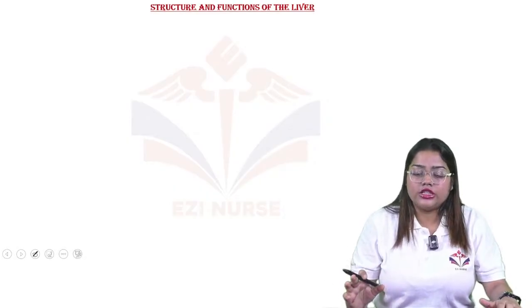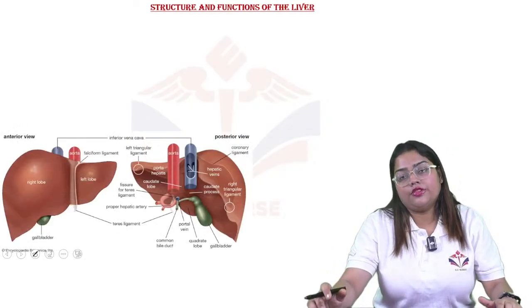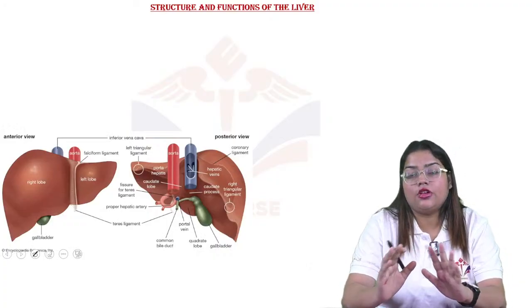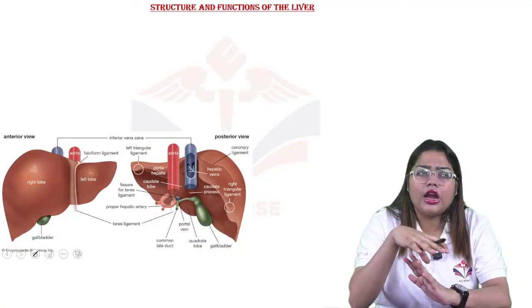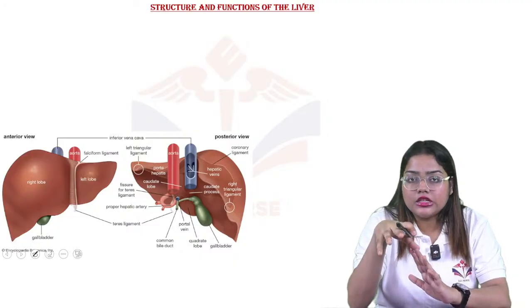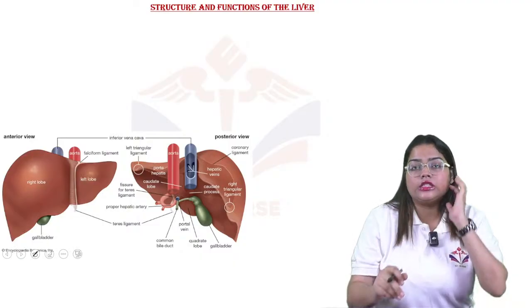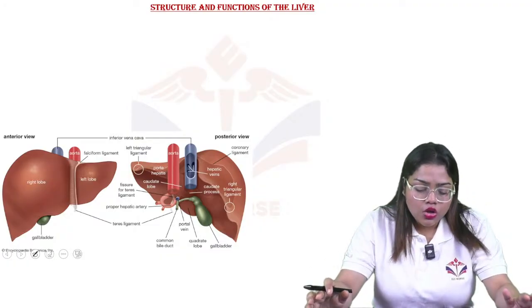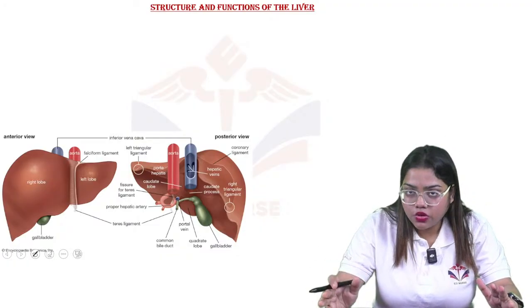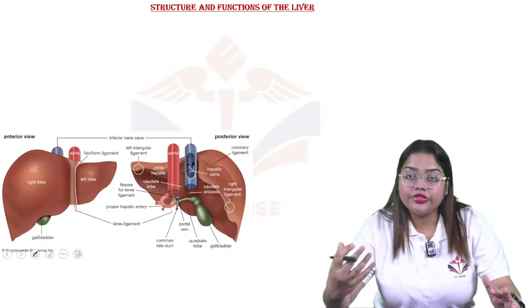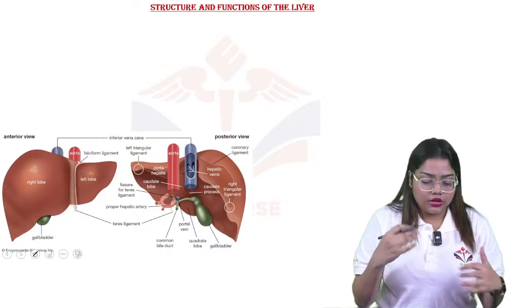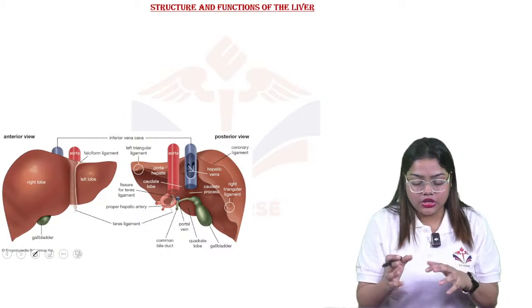The next question is structure and function of the liver. The liver is the largest organ inside our body. It weighs around 1.5 kg to 1.75 kg in males. As we know, the liver has two lobes. The right one is the bigger lobe and the left one is the smaller lobe.